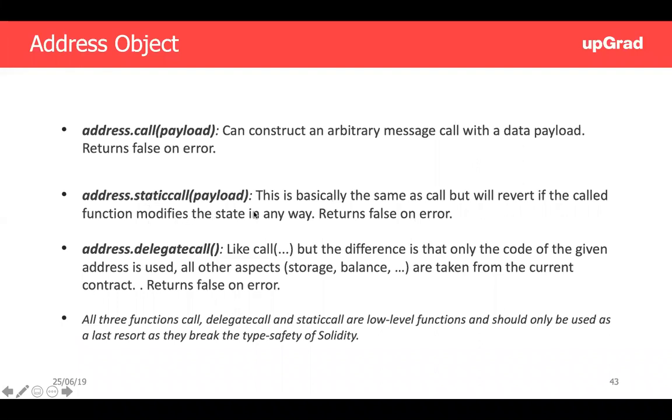It will not change the state in any way in the receiver contract. Address.delegateCall again is similar to the call. The only difference is that in this case, the message context remains the same as the original sender, because in the regular call function, it will change the message context to the sender and the value of the contract and not the original sender.